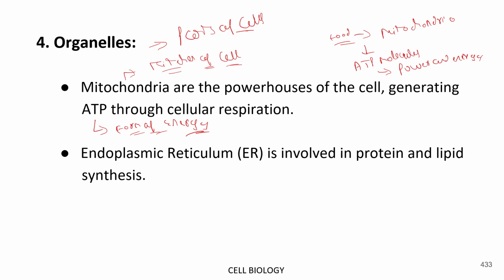Got it? Thereafter we have the endoplasmic reticulum. So basically you can say if this is the nucleus, and this is the nucleoplasm and this is the cytoplasm, then on the cytoplasm we have various hairy-type structures known as the endoplasmic reticulum.